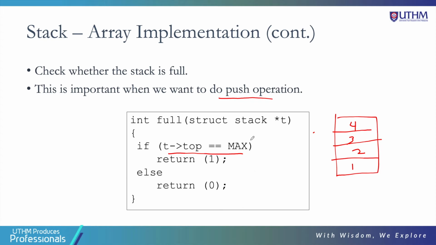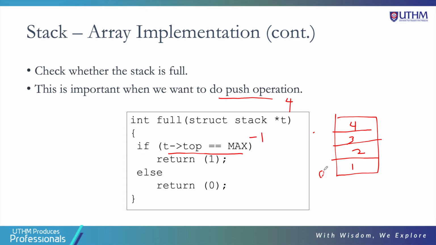So I want you to correct this one. Just now the defined max is equal to 3, right? So the correct value is 4. This time this one is actually max minus 1. Why?